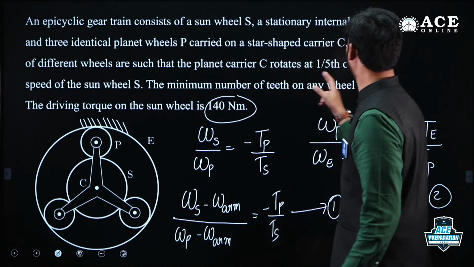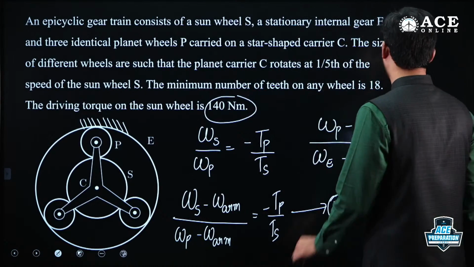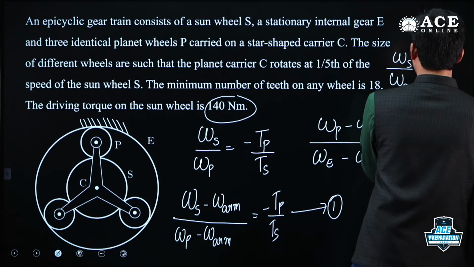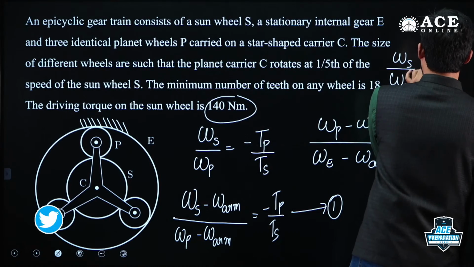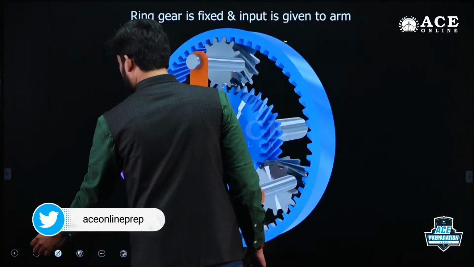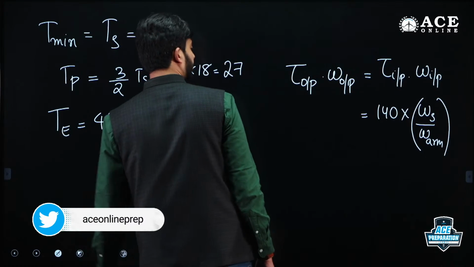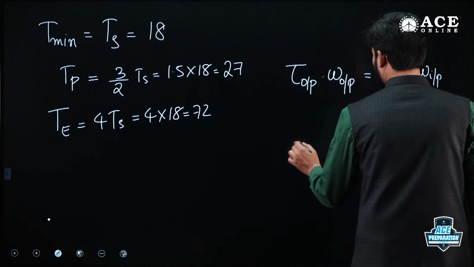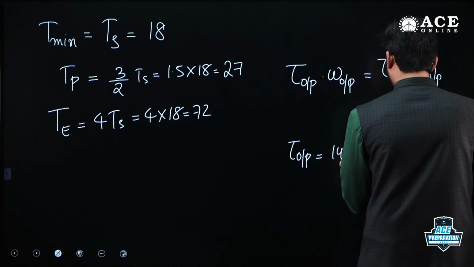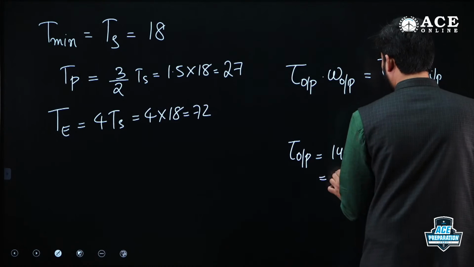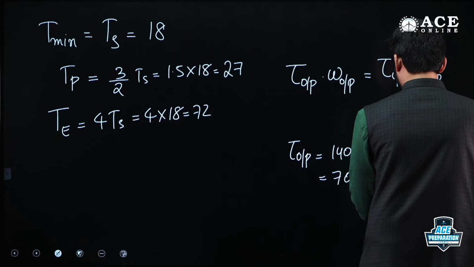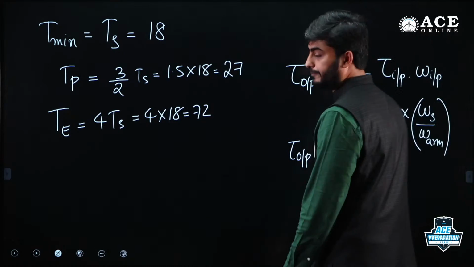Omega sun by omega arm is equal to 5. So we get the torque at output equal to 140 into 5, that is equal to 700 Newton meter.